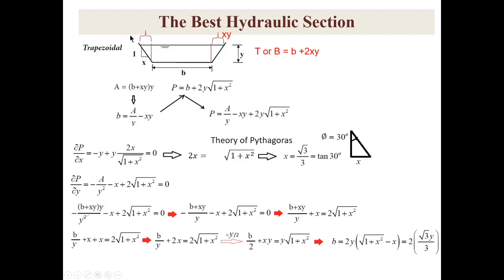Let's come back to the problem. What was the x? X is our horizontal side of the side slope. Yes, we can replace this length here again, and if it is x, it should be 1.